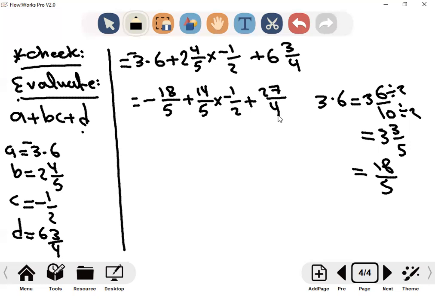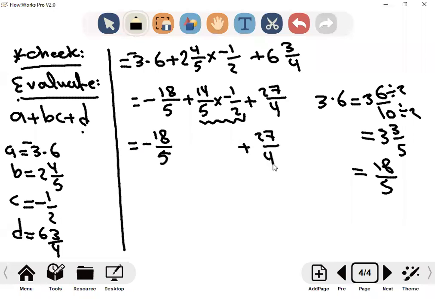Now I will follow my order: no parentheses, no exponents, multiply and divide. Do we have? So first step, I will do the multiplication. The other fractions will come down. I will do only the multiplication, and this comes down, it doesn't matter.